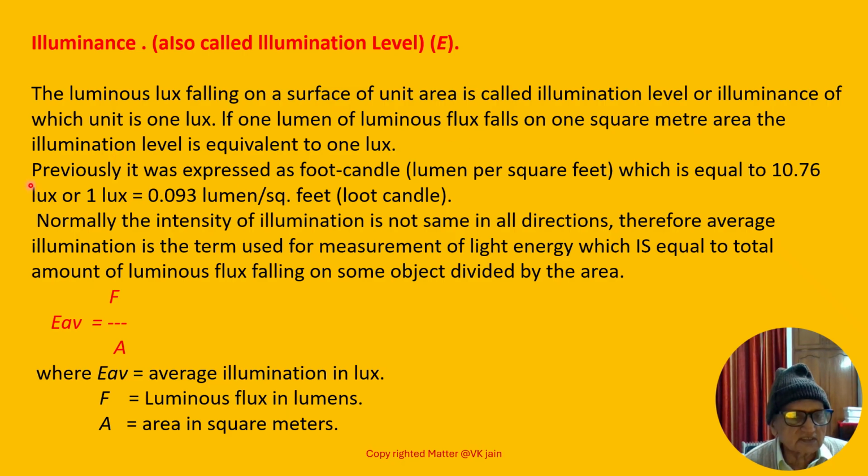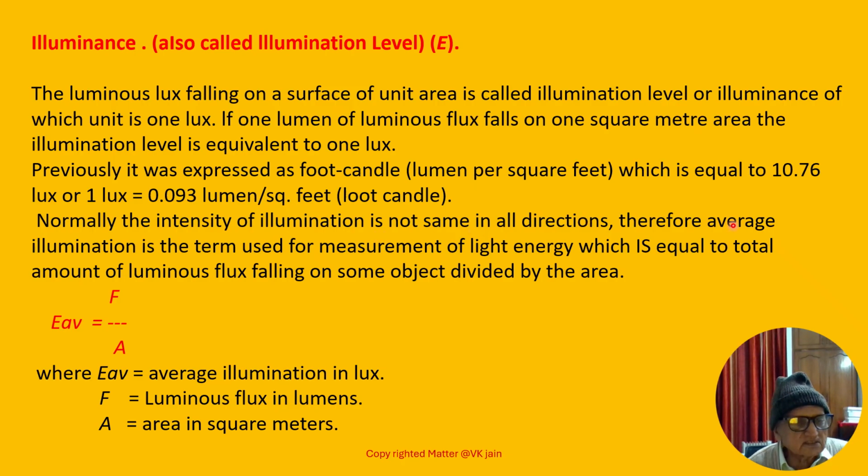Previously, it was expressed as foot candle, that is equal to lumen per square feet, which is equal to 10.76 lux, or 1 lux equal to 0.093 lumen per square feet, that is foot candles. Normally, the intensity of illumination is not the same in all directions.